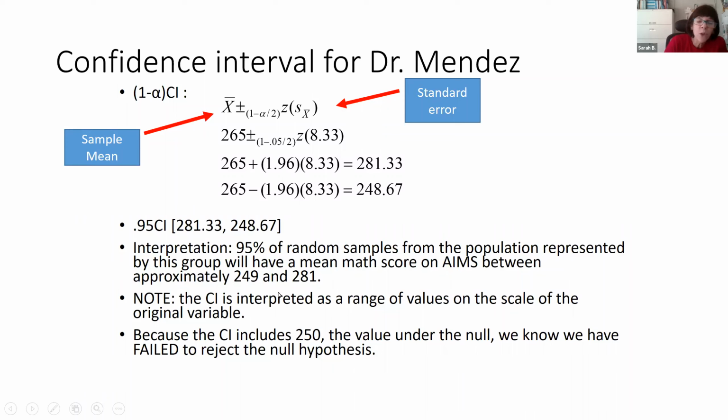But there are ways that you can interpret this, all of which are descriptive. You note that the confidence interval includes the 250, which is the population mean, the value under the null hypothesis. So you can make the deduction that you would also have rejected the null hypothesis if the null hypothesis were tested at the same alpha level.